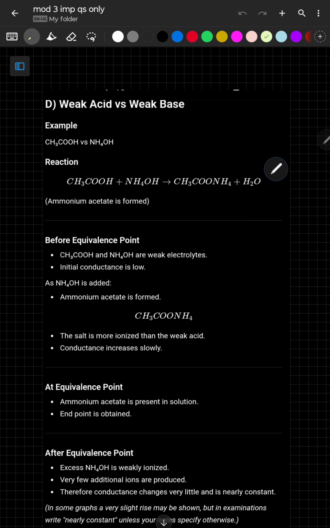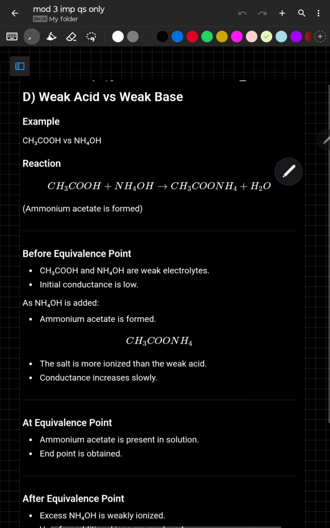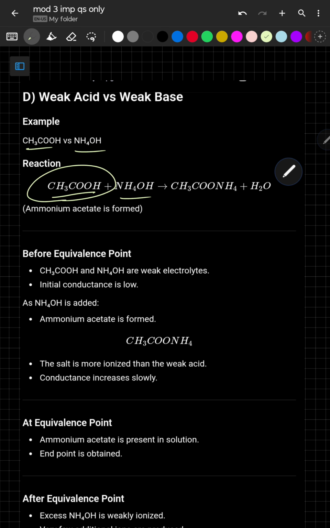Now coming to the last one, which is weak acid, weak base. CH3COOH and NH4OH. First of all, this is a weak acid; it will not neutralize. This is also weak. So CH3COOH and NH4OH are weak electrolytes. Initially conductance is low. When NH4OH is added, ammonium acetate is formed.